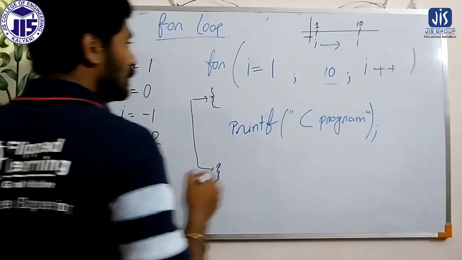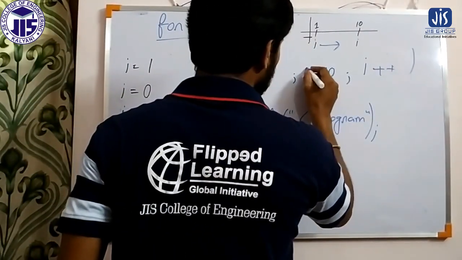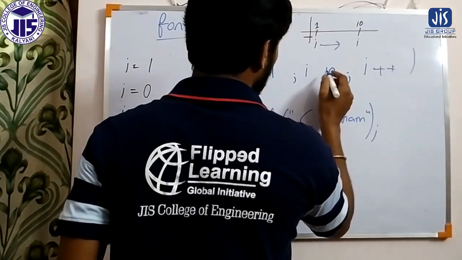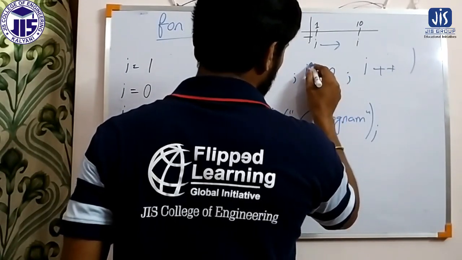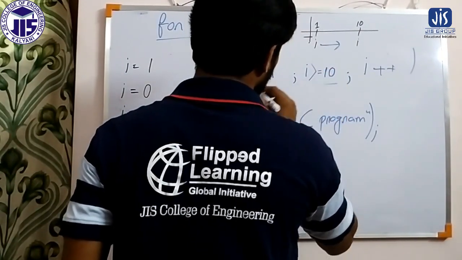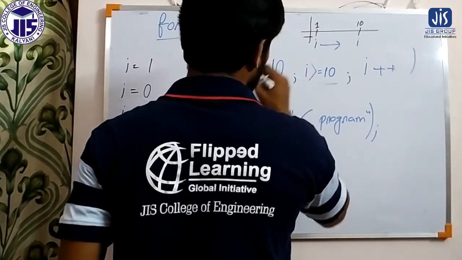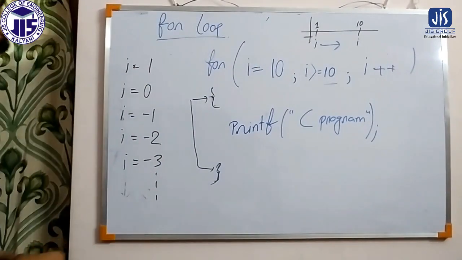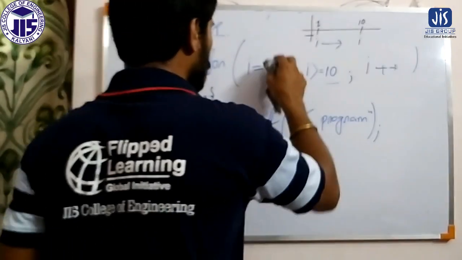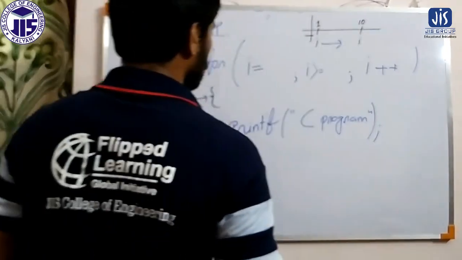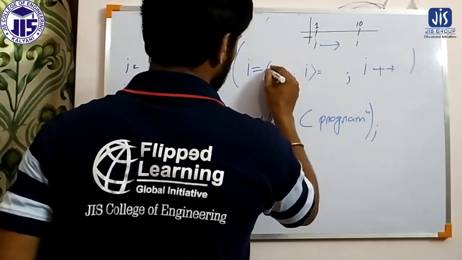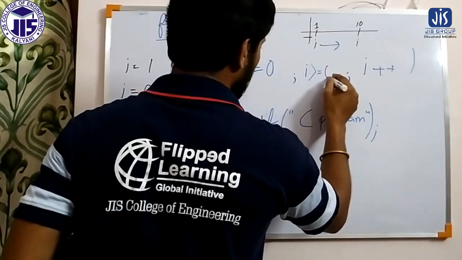But if I change the condition, that value of I greater than equal to 10, and here we have considered I equals to 10. The value of I is equals to 10, or we can say the value of I is equals to 0, and the condition is I greater than equals to 0.